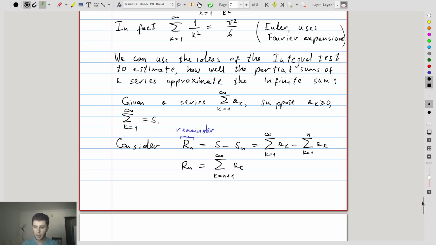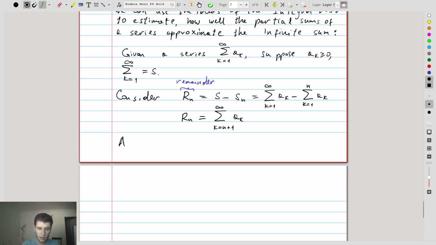So this is the expression for R_n that we will need. Now, applying the area argument, basically what we are thinking about is the sum of the series starting from some point. So we're going to compare it to the area under the graph of f of x, which corresponds to this sequence starting from that value of x.